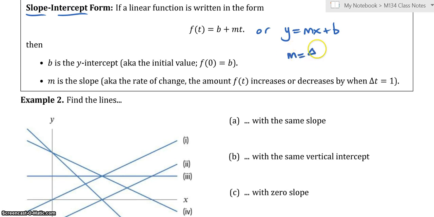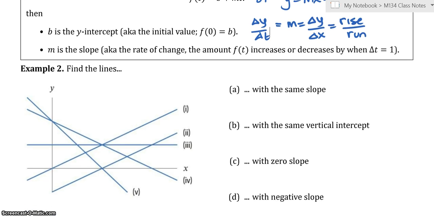M is the rise, the delta y over delta x, which is the rise over the run, or you can call it delta y over delta t if you're using delta t's. So which two have that same rise and same run? It would be the same steepness. So 1 and 2 have the same steepness.